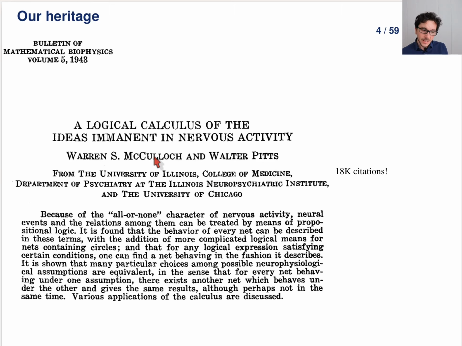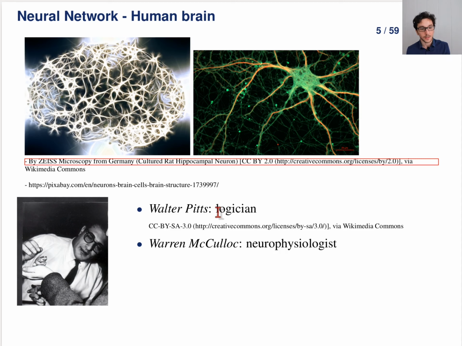Actually, this is the result of a collaboration between two scientists from two different disciplines: Walter Pitts, who was a logician, and Warren McCulloch, who was a neurophysiologist. So this is a demonstration of how smart ideas sometimes can come from very different people working together.